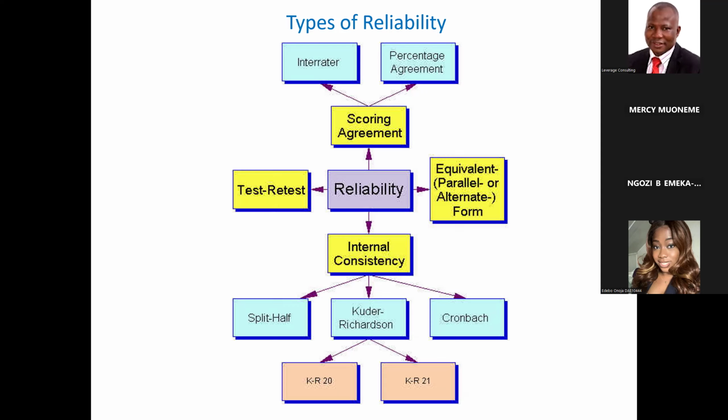So that's why you talk about percentage agreement. You can only do percentage agreement with the one that has quantitative value. The one you just categorize as grade A, grade B, or grade 1, grade 2, grade 3, that's rating. So they are all scoring agreement.